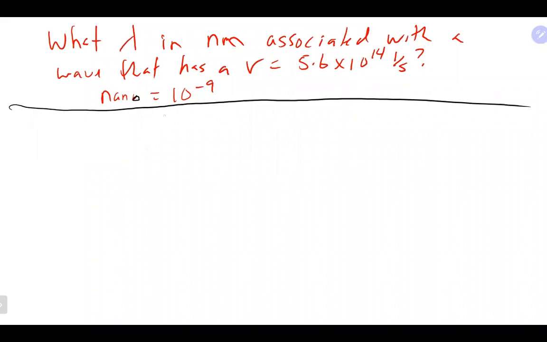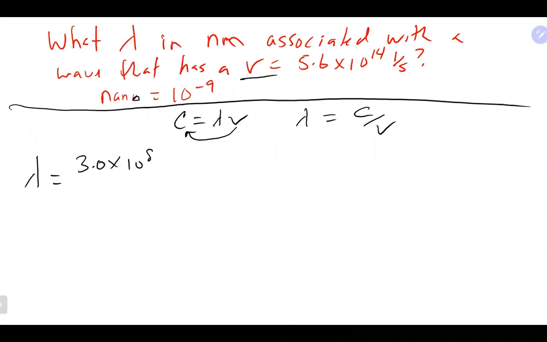So again, we use the same equation here, regardless of whether we have the wavelength or the frequency given to us. In this case, we have the frequency given to us, and we're looking for the wavelength. So we divide this to the other side, and that gives us the wavelength is c divided by the frequency. Here, c is our constant, the speed of light, 3 times 10 to the 8 meters per second, divided by our frequency of 5.6 times 10 to the 14 reciprocal seconds.